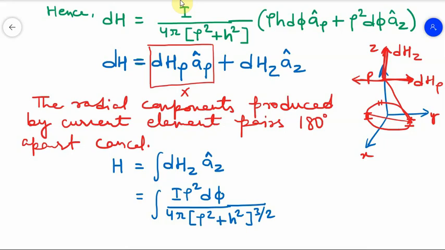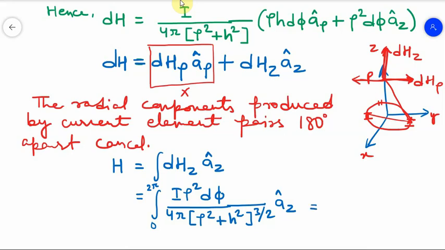So the integration has to be done with respect to this phi. The direction is az, but there is no term related to phi, so all other terms are constants, so we can take them out, and with respect to phi only we will integrate. Okay, and the limit will be 0 to 2 pi.